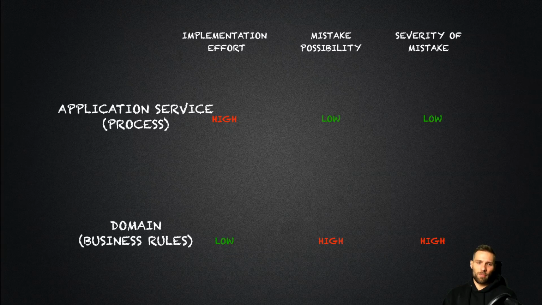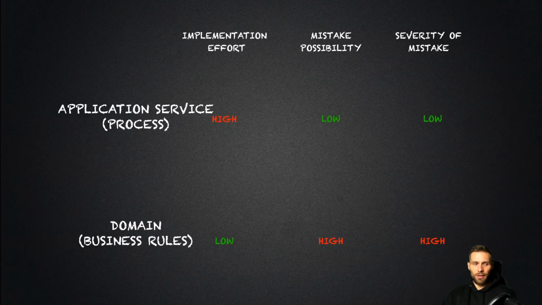And the severity of mistake is low, because anyways, the mistake is going to be seen probably before going to production, whereas when it comes to domain, it's going to be probably found via some client being mad at us because they couldn't withdraw or repay, even though they should have been able to do so.